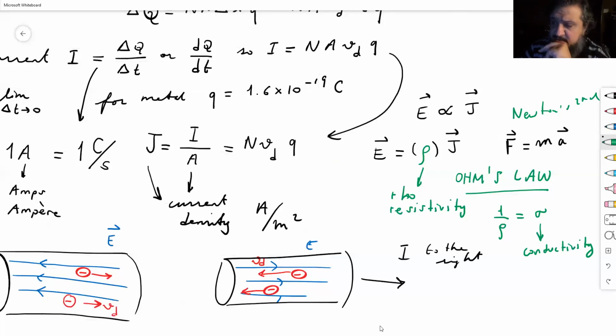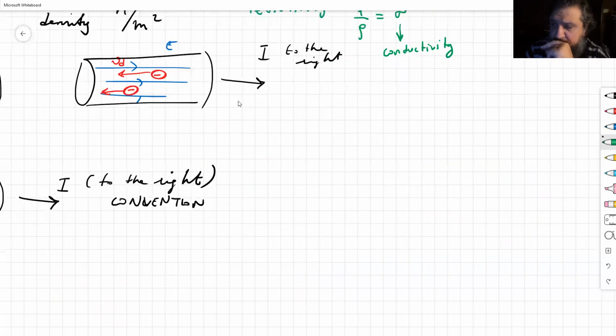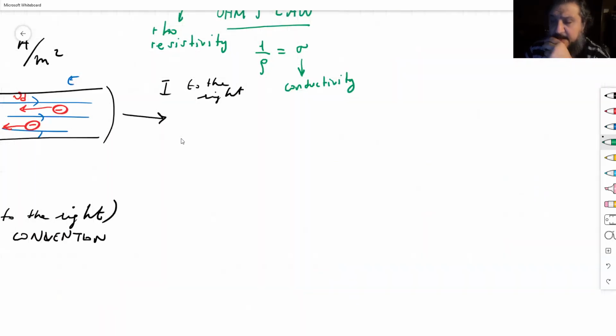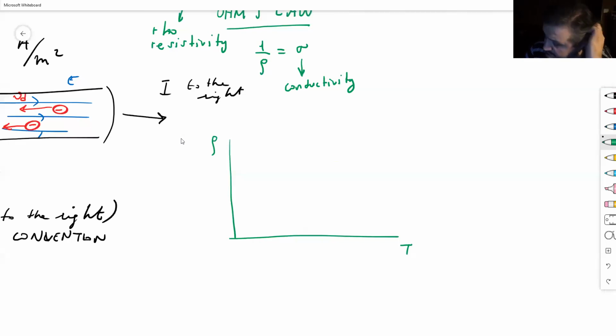So the dependence on temperature, okay, let's try to plot it for a regular metal like copper. So let's plot rho as a function of temperature, using degrees Celsius. Within, let's say, 100 degrees or so, we expect this dependence on temperature to be something like this.